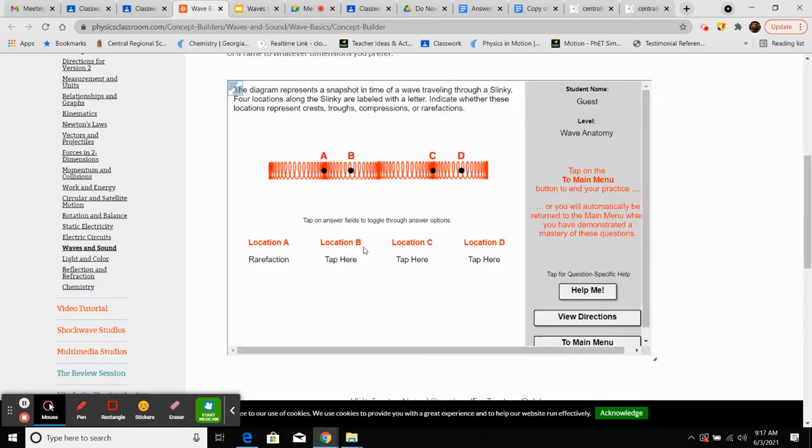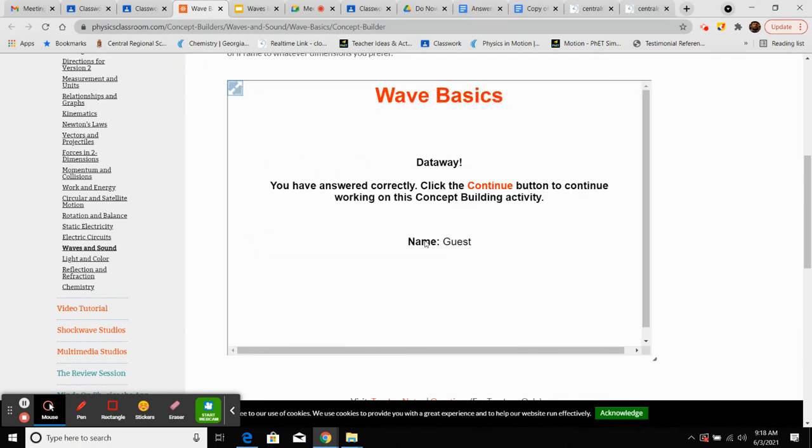So what would point A be? Is it a crest? Is it a trough? Is it a compression? Or is it a rarefaction? A, compression. B, yeah, that would be a rarefaction, where it's farther spaced apart, and then the other two will obviously follow. Whoop, almost messed that one up. Next.